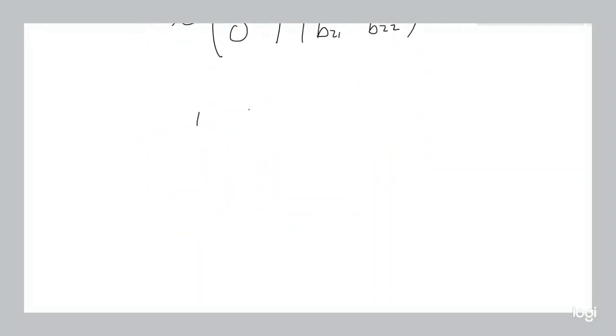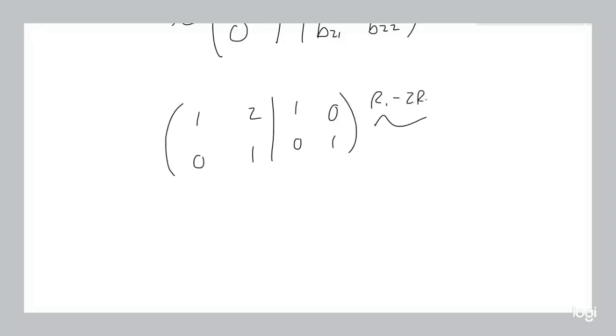All right, let's take that same matrix that we worked with before and bring this left side to reduced row echelon form. All we have to do here is actually row 1 minus 2 row 2.